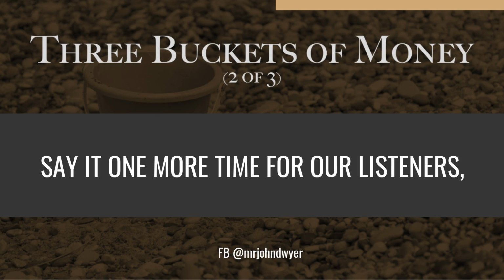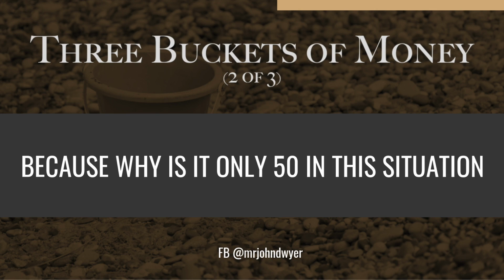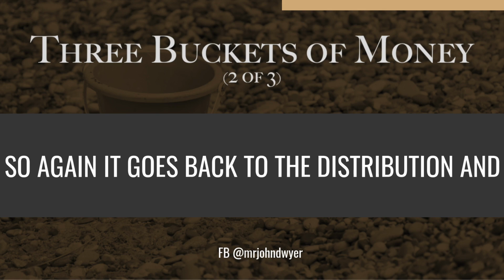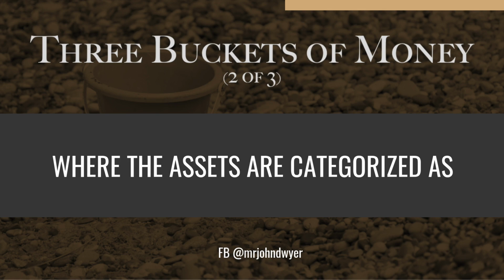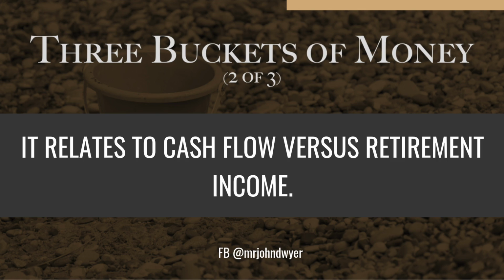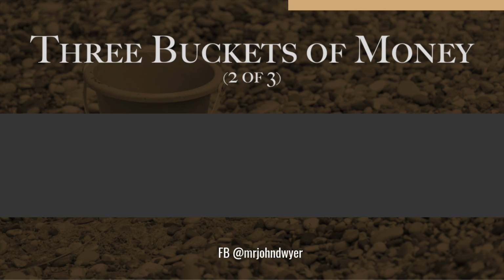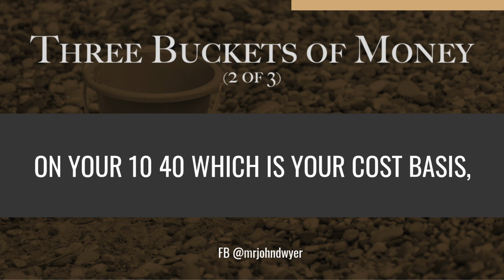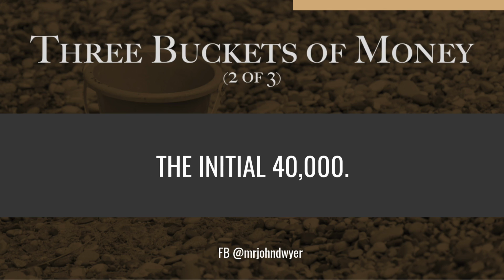Right. John, say it one more time for our listeners, because why is it only 50 in this situation instead of 85, what we talked about in our last program? So again, it goes back to the distribution and where the assets are categorized as it relates to cash flow versus retirement income. So the retirement cash flow is not reported on your 1040, which is your cost basis, the initial 40,000.